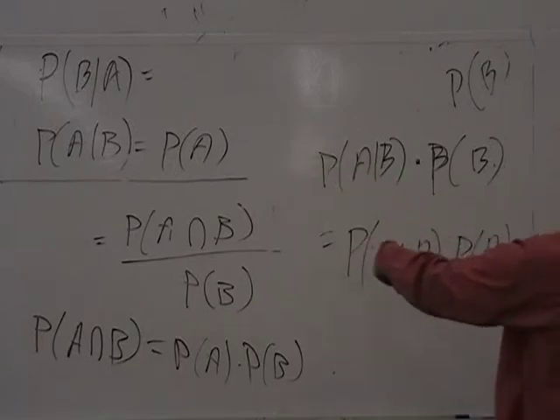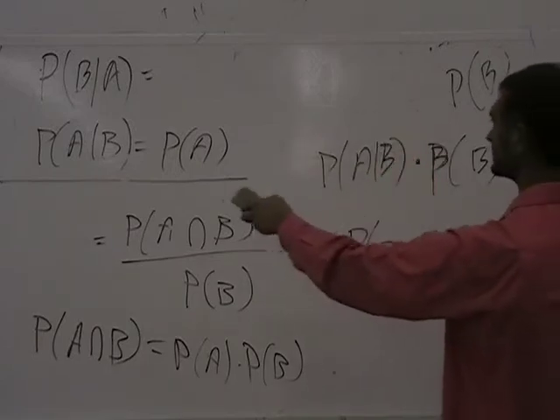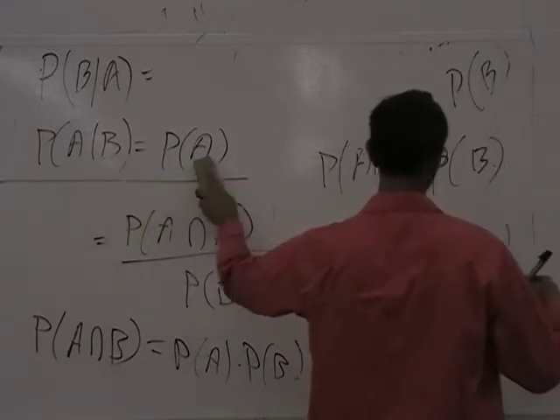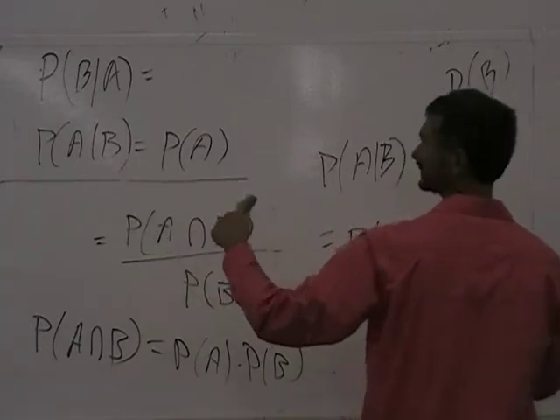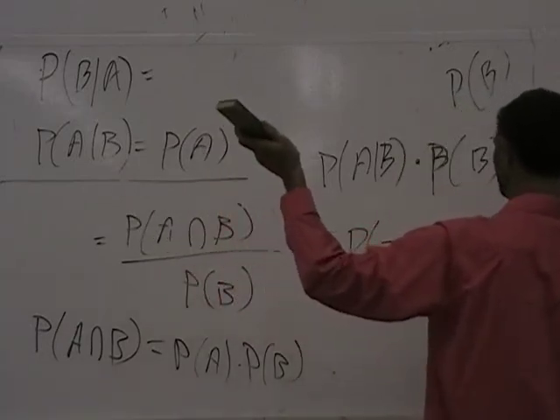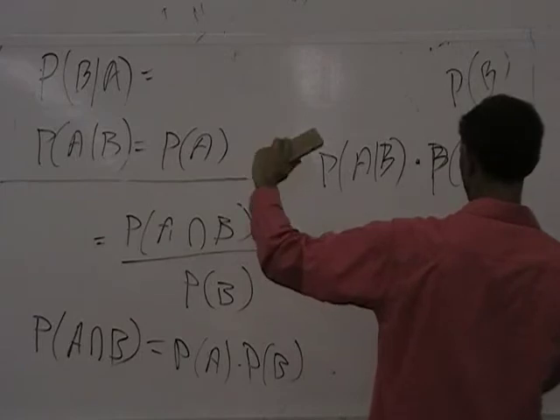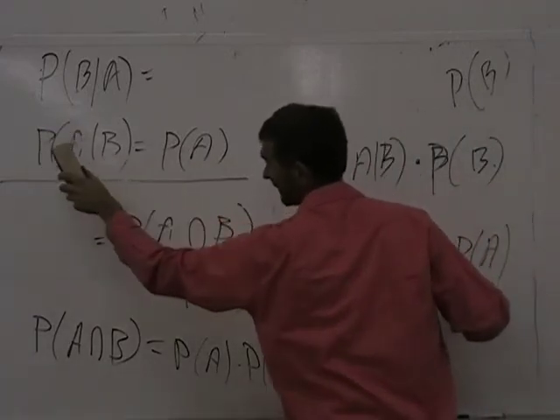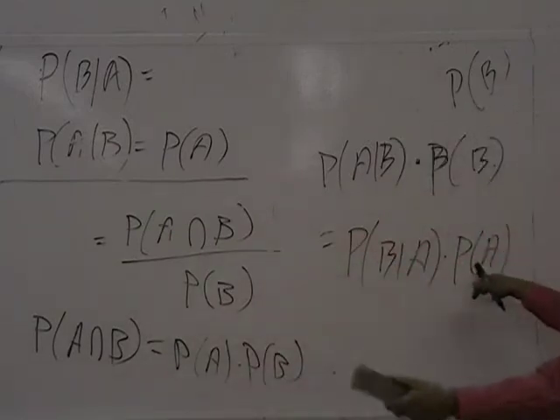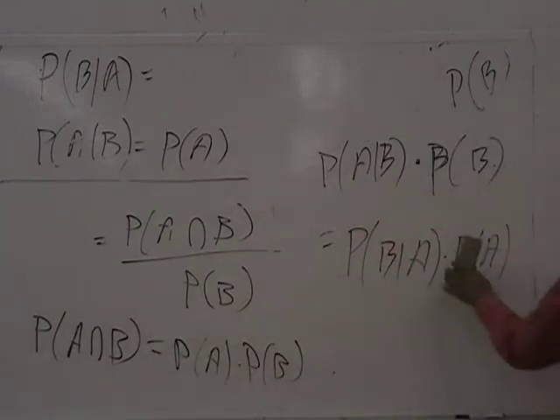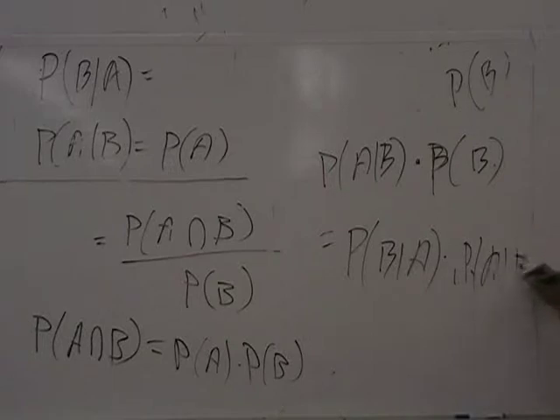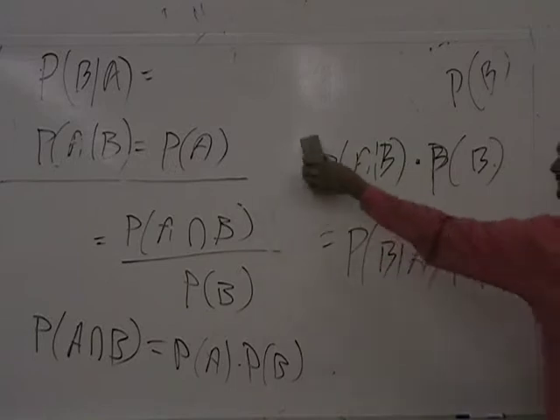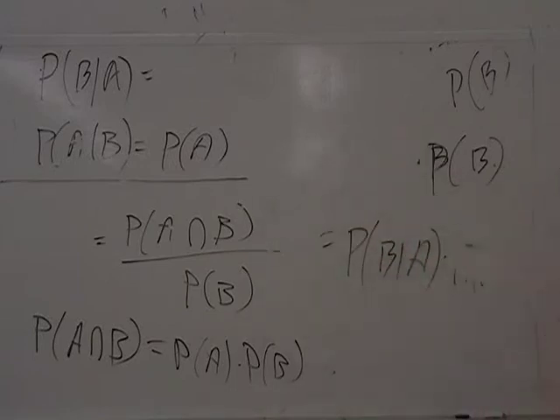So then, I know that's true. Oh, okay. So I can take this probability of A given B, stuff it in right there, and then that goes away.